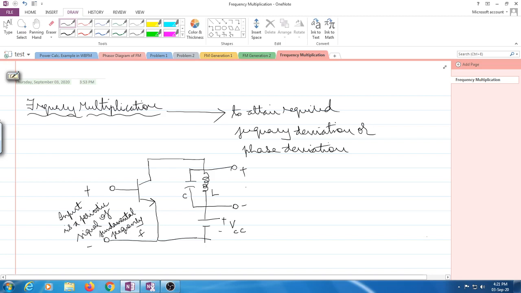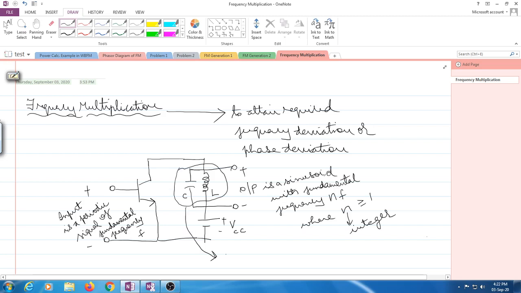As I mentioned already, this is a band pass filter tuned to nf. So this is the initial setup of the circuit that we are going to deal with.